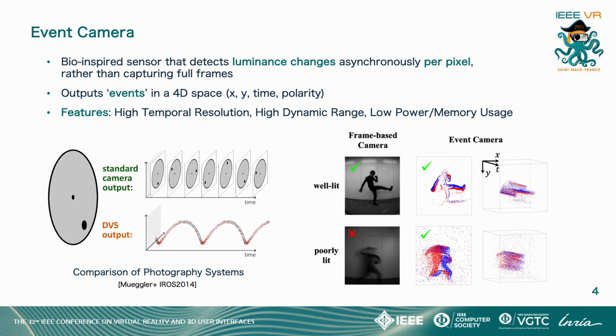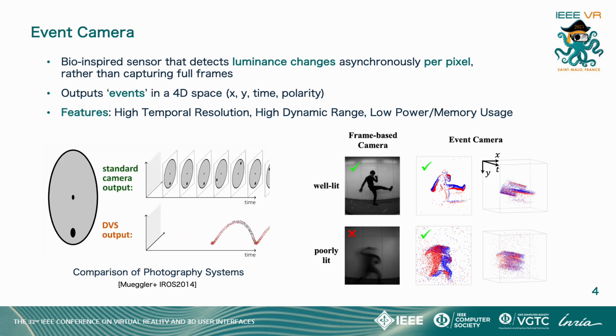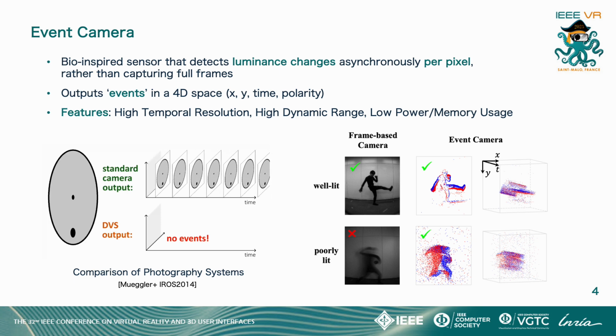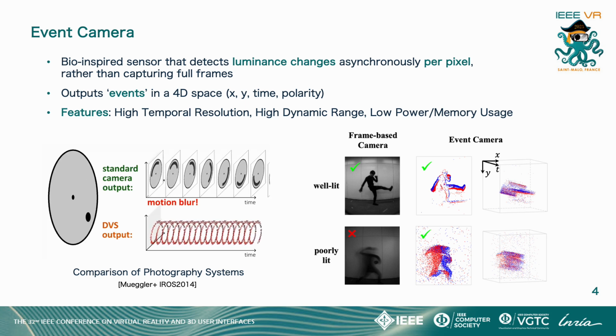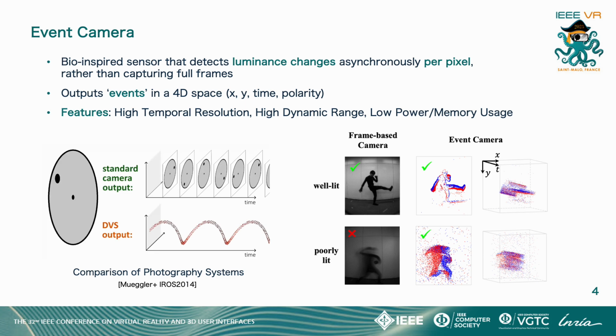Thanks to this design, the event camera achieves extremely high temporal resolution and can handle both bright and dark environments with low power and memory usage. In our approach, we leverage these unique properties to enable robust human mesh recovery in diverse lighting conditions.